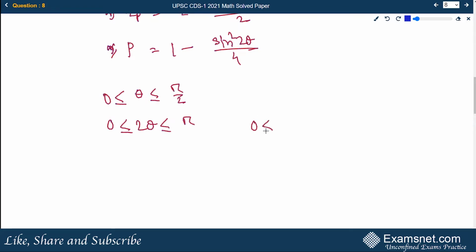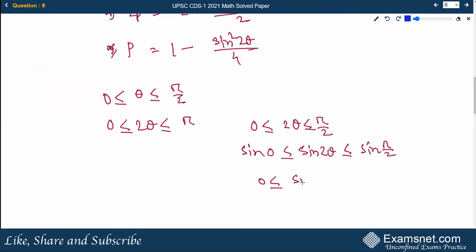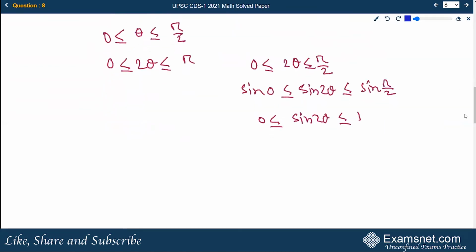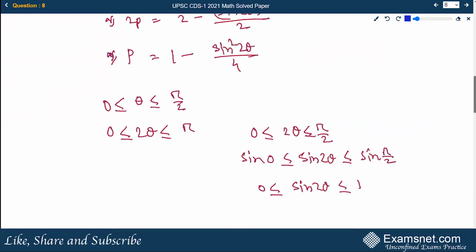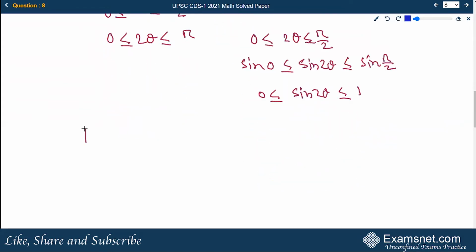If I am taking 2 theta that is less than pi by 2, then inserting sine, it will be 0 less than or equal to sine 2 theta less than or equal to 1. So the value of sine 2 theta lies between 0 to 1, correct? Now look at the value of p, which is p equals 1 minus sine square 2 theta by 4.